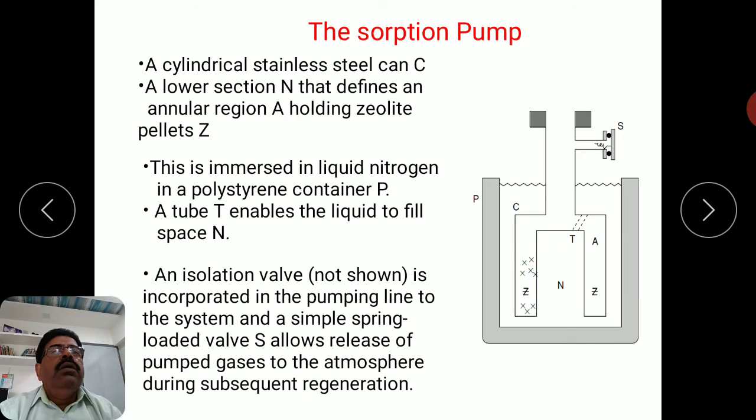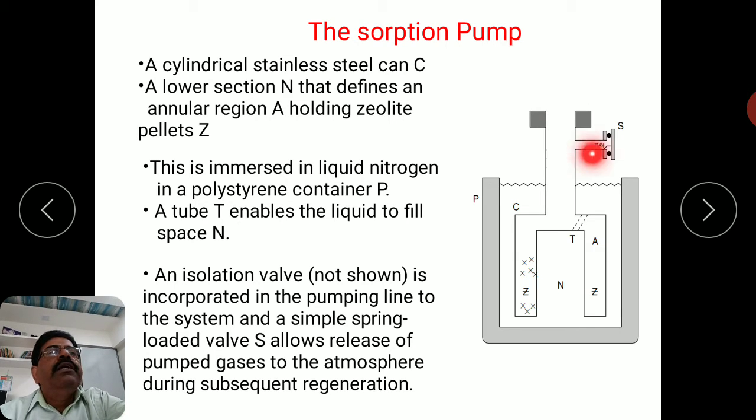During this process of cryosorption, before actually discussing it, let us see one important thing here. This is the way which is connected towards the chamber or the space which you want to evacuate.